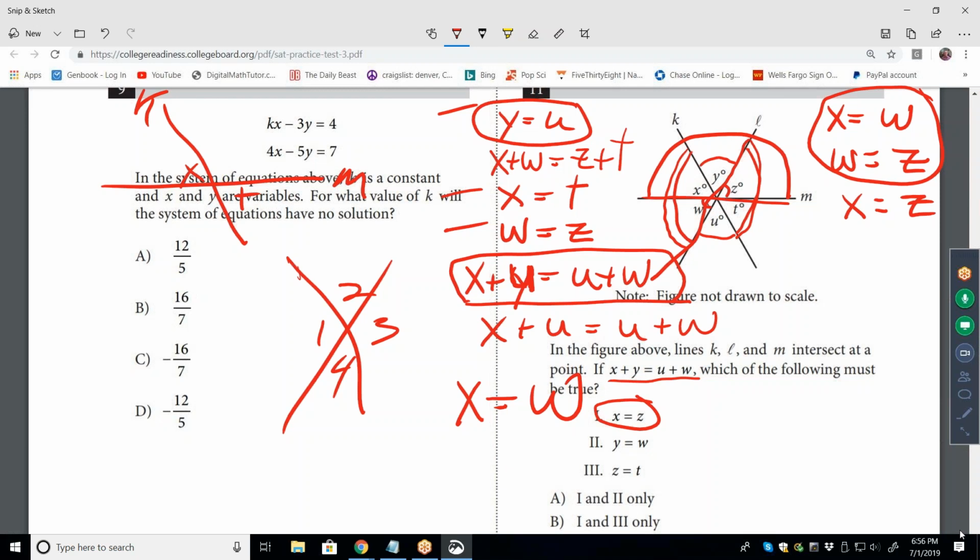Let me think about this. Well, for the moment, let's table that. We don't know if y equals w or not. I know x equals w. I know y equals u. I know w equals z, but that doesn't tell me that y equals w.